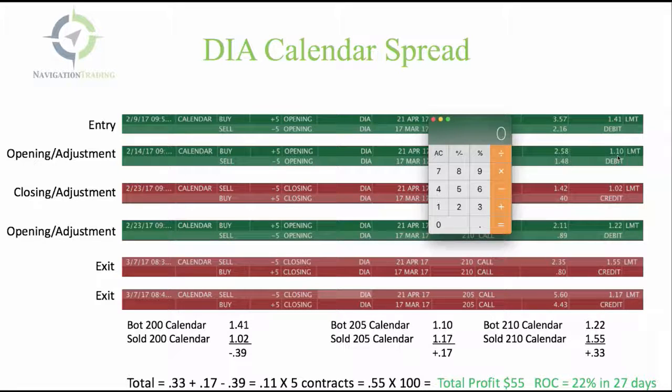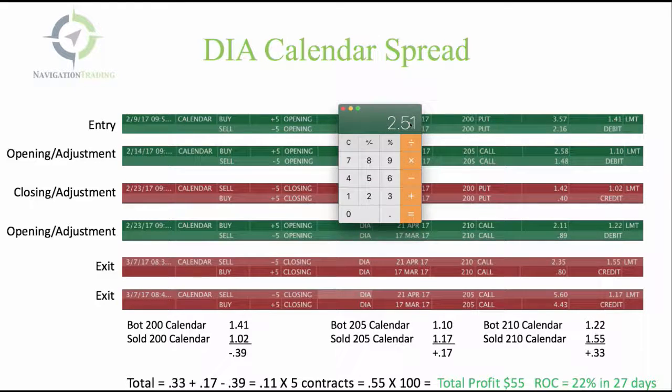So you have to take that into consideration. You have to consider that real risk. So if we take $1.41 plus the $1.10, that equals $2.51. So $2.51 is the max risk that we had on this trade.